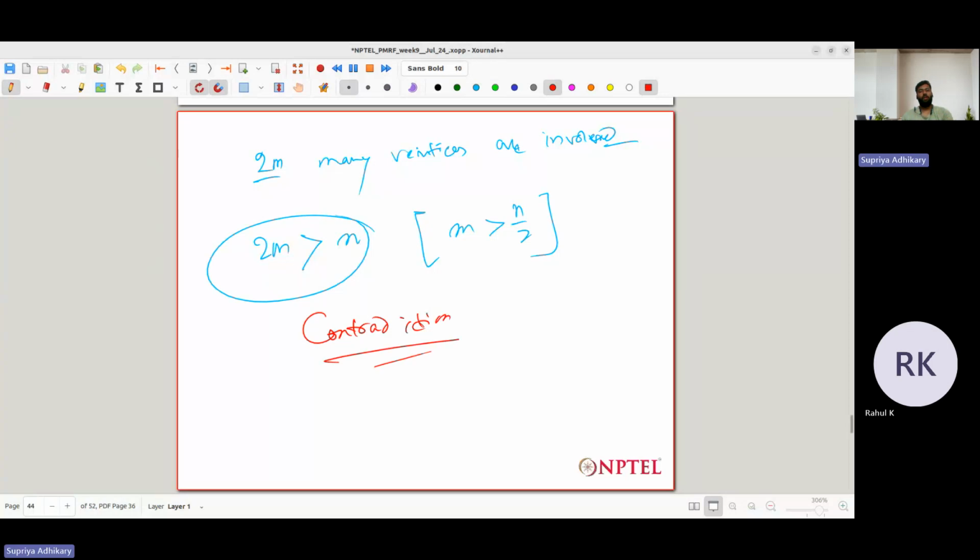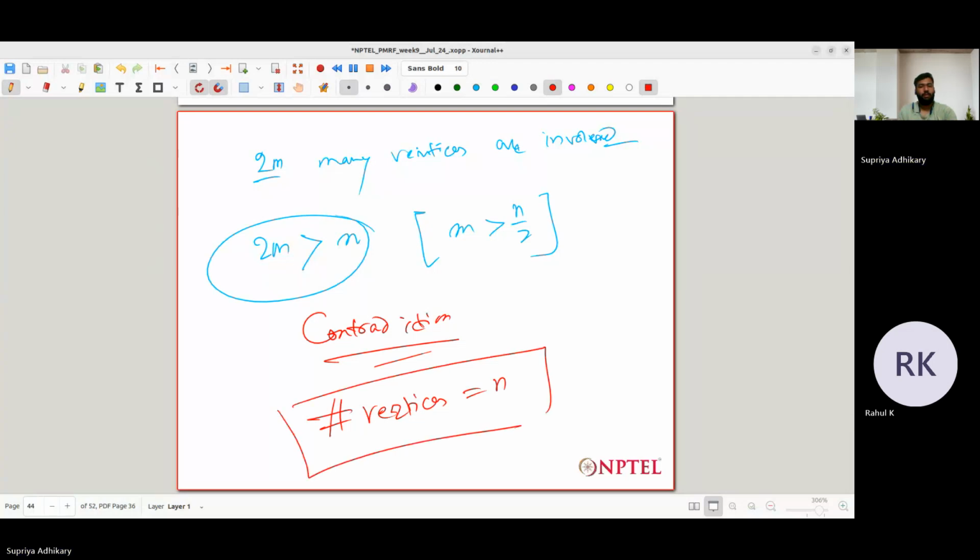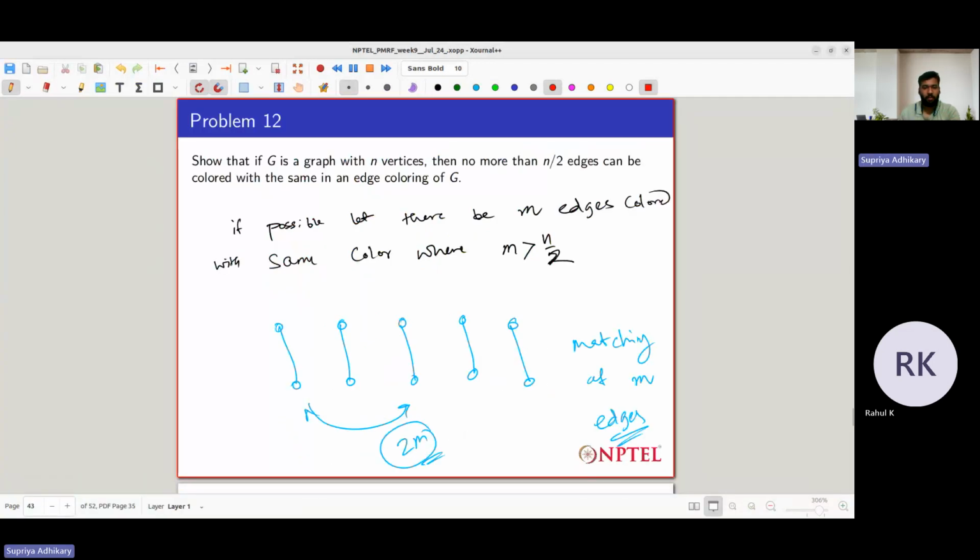Why? Because the total number of vertices is itself n, and it cannot be possible that the vertices that are incident to all the edges that we have selected is greater than the total number of vertices.